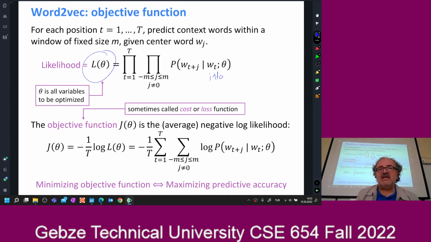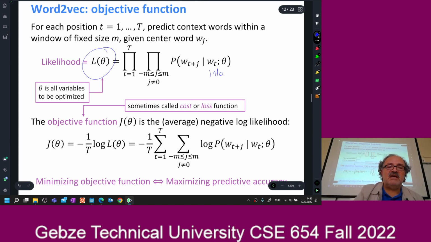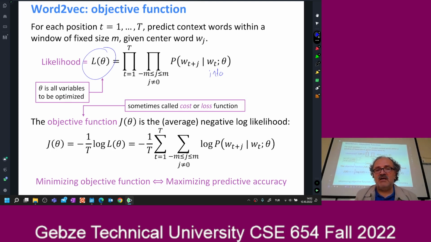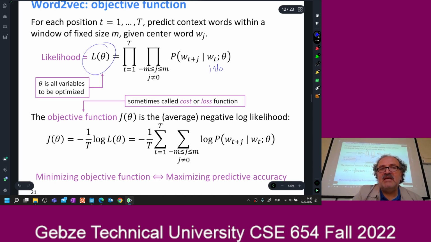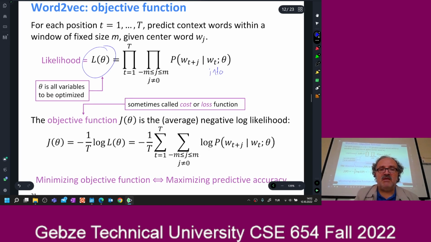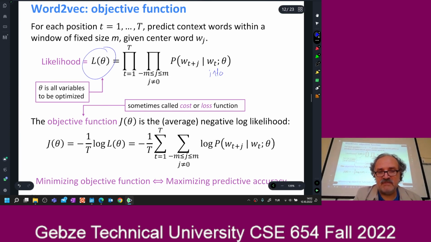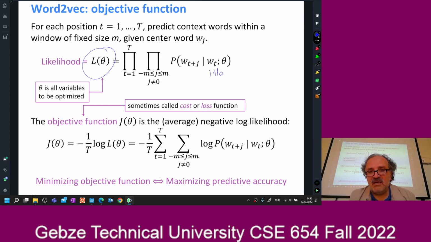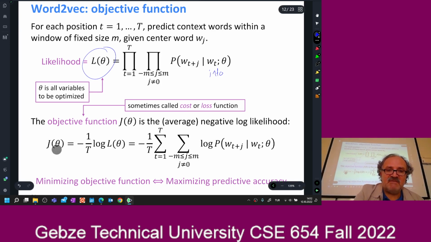So if I take the logarithm of this equation, I end up adding all those numbers, because with the logarithm, multiplications become additions. And we take the minus, so that instead of maximizing this, we are going to minimize it. This is our objective function. Minimize this large summation by playing with these vectors.